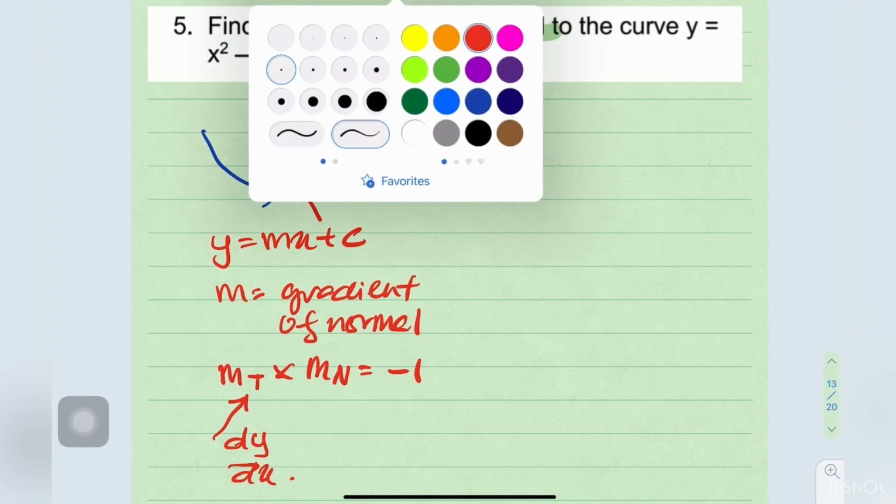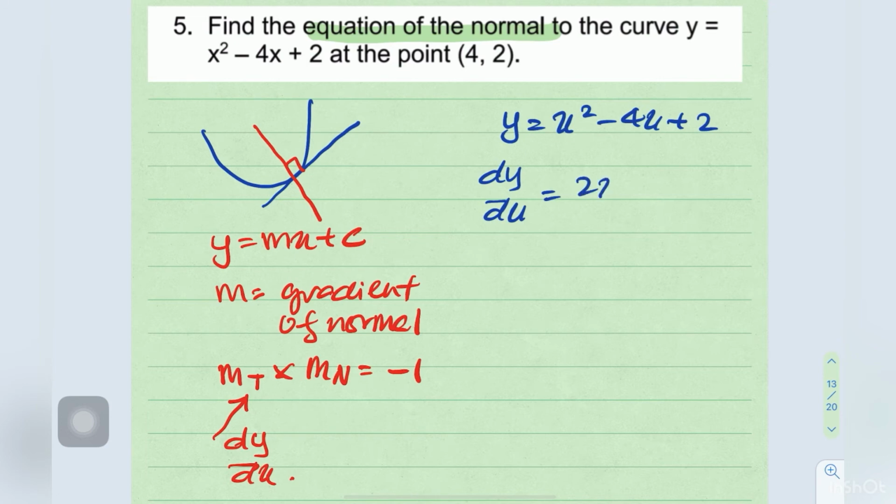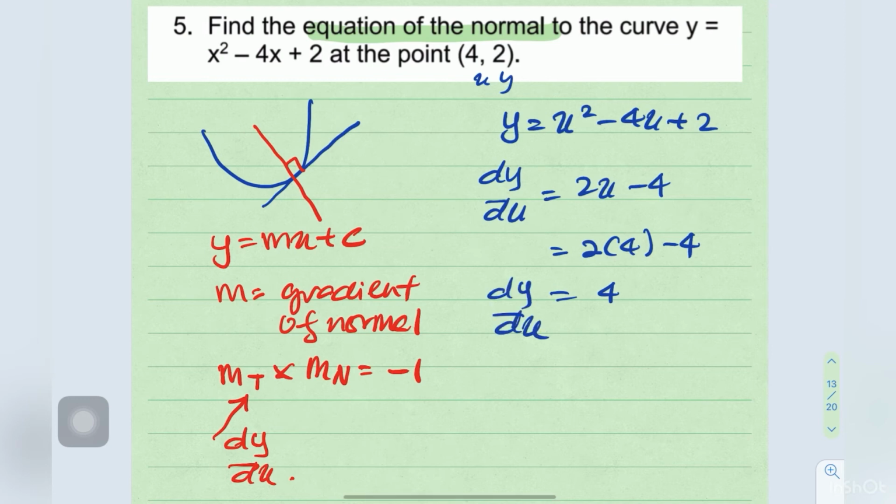Here we have y equals to x squared minus 4x plus 2. So dy dx is 2x minus 4. So x is 4. So 2 times 4 minus 4 is 4. So dy dx is 4. dy dx is gradient of tangent.